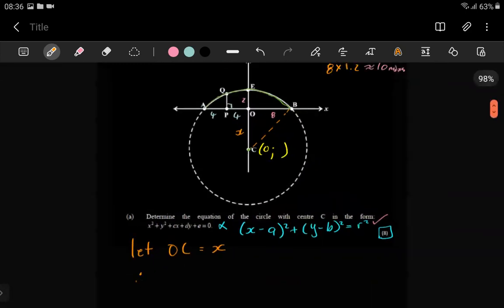So because of this, EC here is equal to BC because they are radii. Radii basically refers to how they're both radius lengths of your circle.